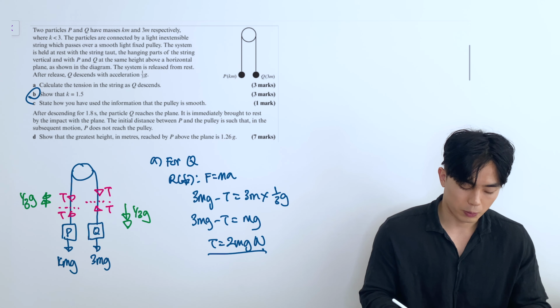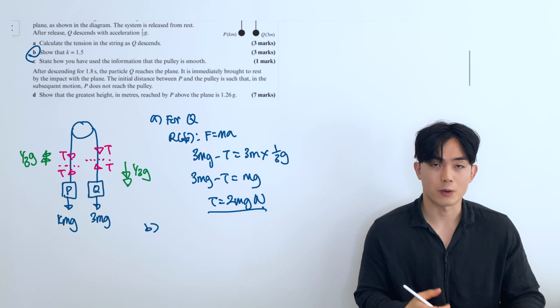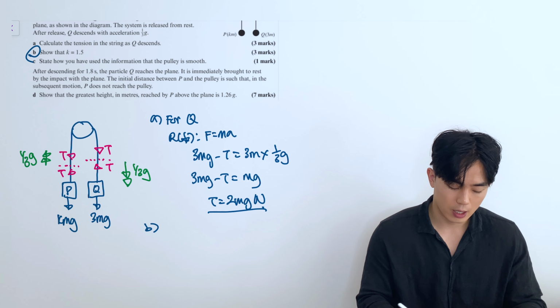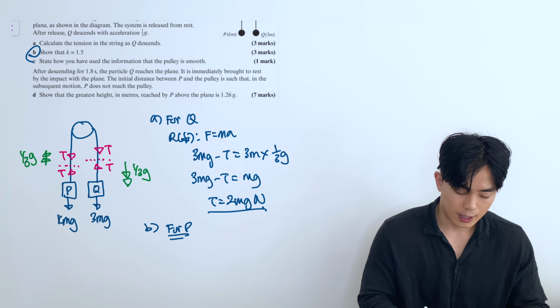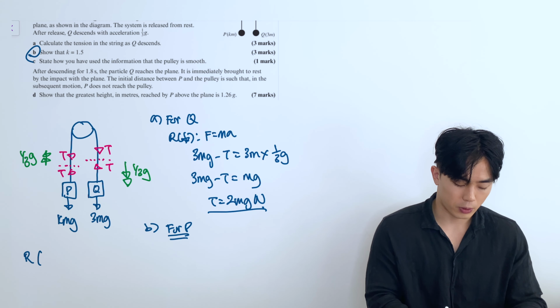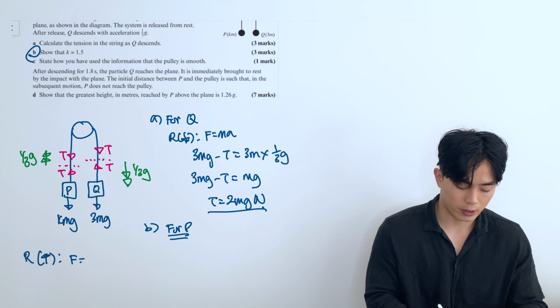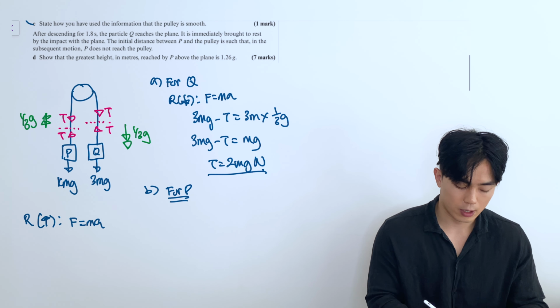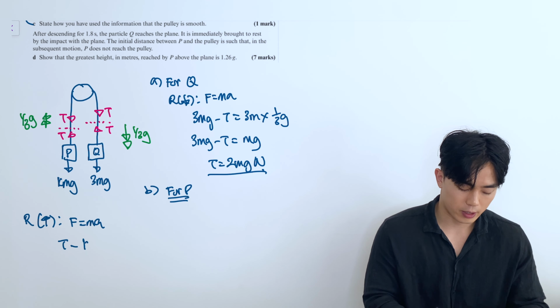Show that k is 1.5. So for B, k is the mass of the particle P. So let's look at P. Because P is going to accelerate upwards, we're going to take upwards as positive and do F is ma again. We have the tension T going upwards, minus the weight acting downwards, so minus kmg.